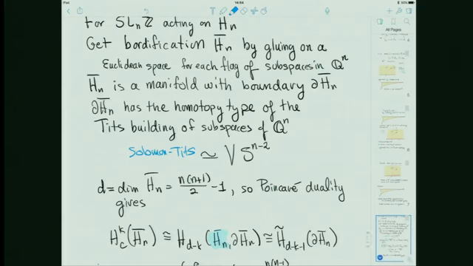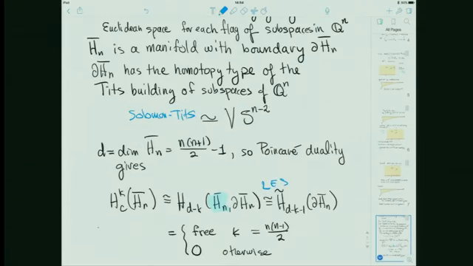So by the long exact sequence of a pair, this is just the homology of the boundary, since that's contractible. So you get that the cohomology with compact supports of this space is the homology of this wedge of spheres. So it's free in one dimension and it's zero otherwise. And the dimension is n(n-1)/2, which is easy to calculate.